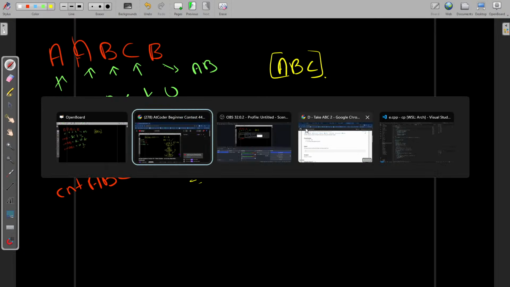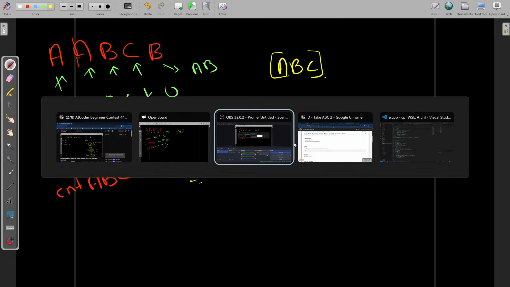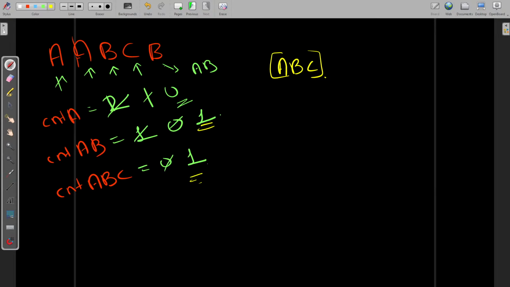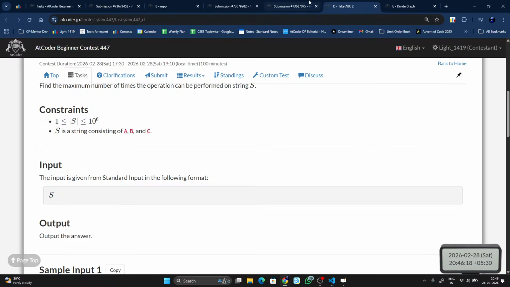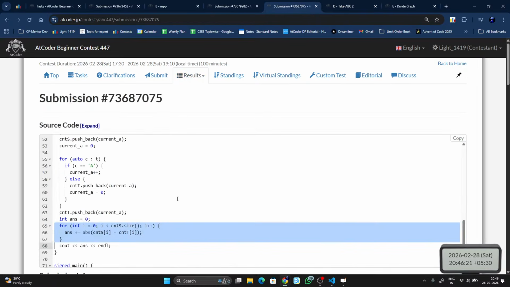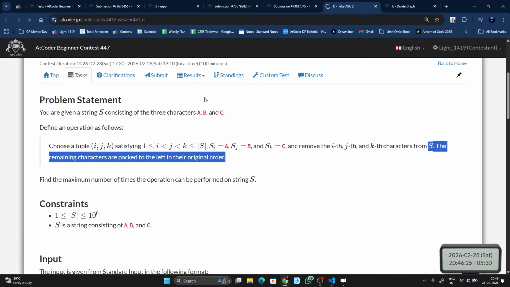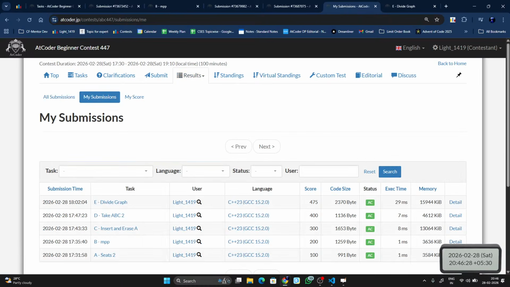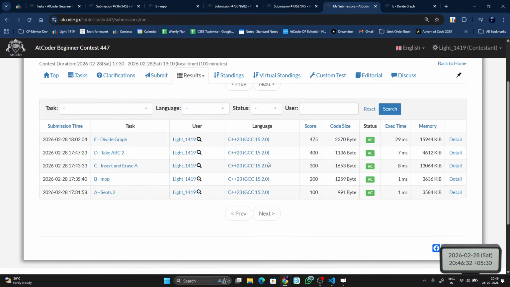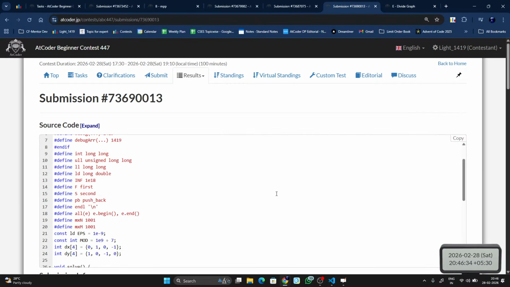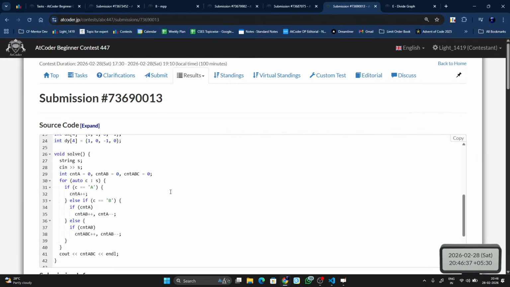Let's go through the code once. So let's go check the code. I have maintained the same three variables, count A, count AB, and count ABC.